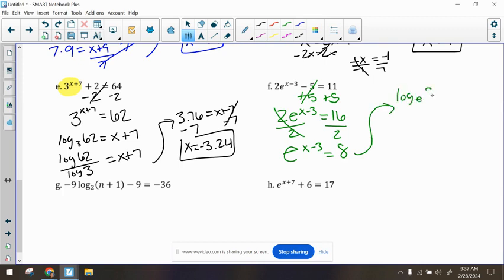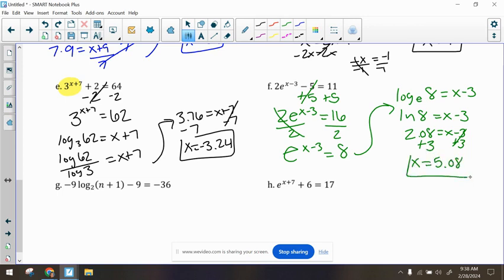So log base e of 8 equals x minus 3. But I know a log with base e is a natural log. And then I'm going to add 3 to that. Natural log of 8 is about 2.08. And if I add 3 to both sides, x is about 5.08.